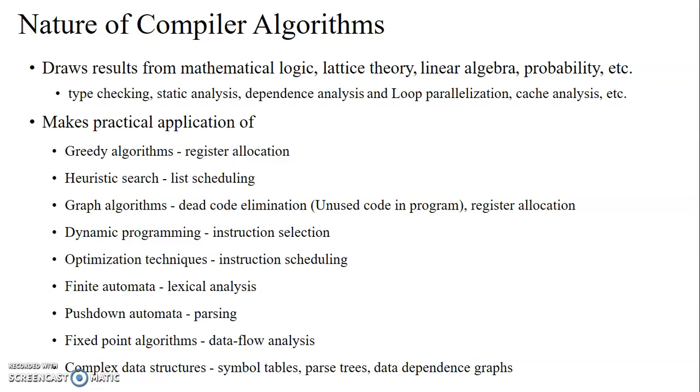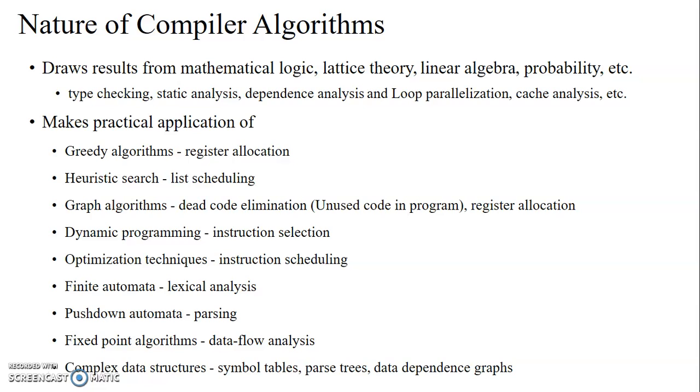Nature of compiler algorithms. So what is it doing? The compiler draws the results from mathematical logic, lattice theory, linear algebra, probability, so different fields of mathematics. Mostly the computer compiler is based upon calculations or computations.